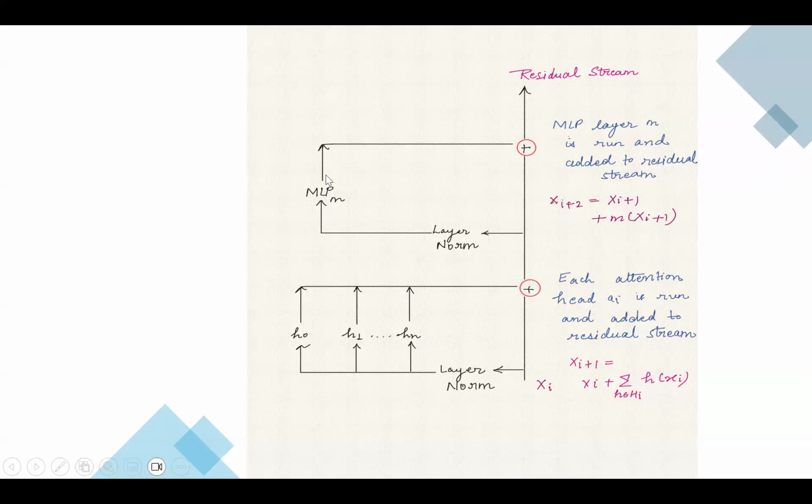The second layer is an MLP layer, a single multi-layer perceptron layer, which applies an activation function over the vector calculated through the multi-head attention, and then gives the hidden states for the next layer.